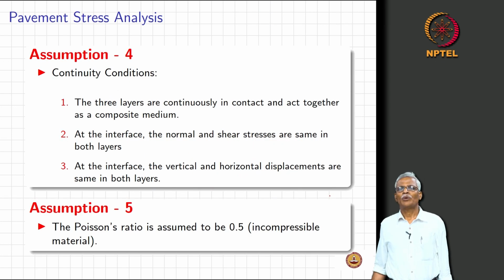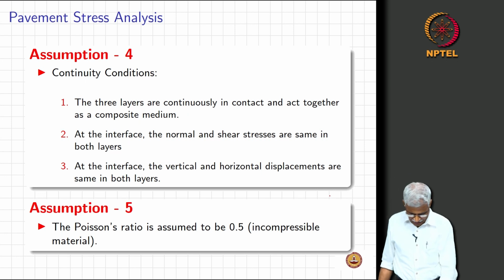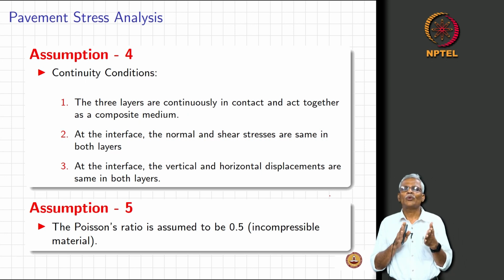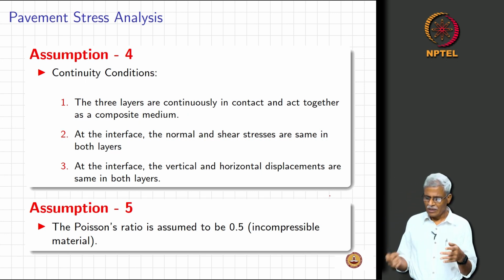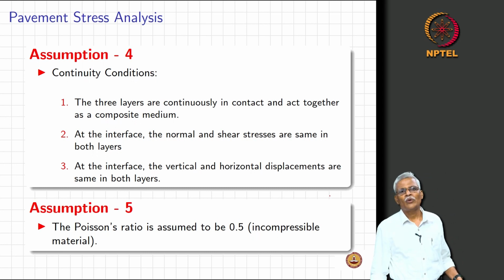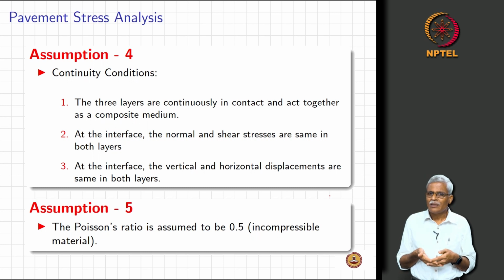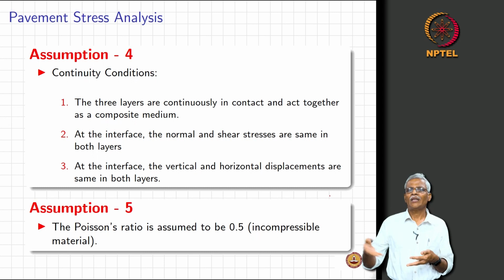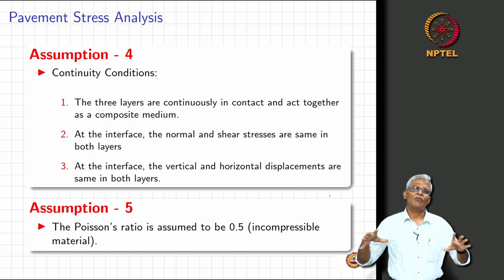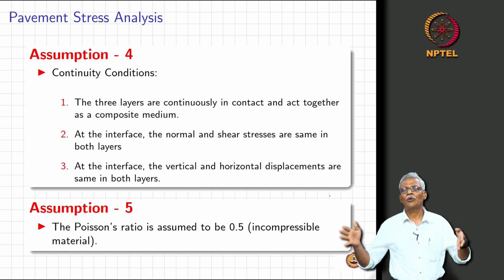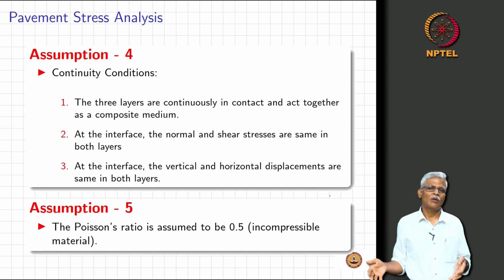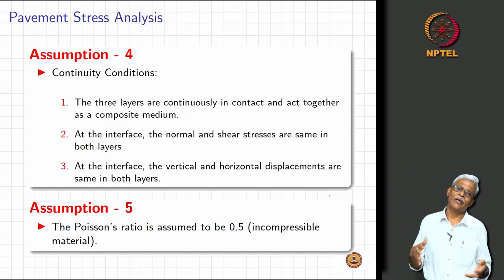Now comes the most important thing, and in fact you can even ask, so what really is going to happen between these two layers? If you are familiar with your pavement construction, what is it that you do? You have a subgrade, then you have a compacted subgrade, because your design code will say 10% CBR. So, you will make some layer of what you call 100% Proctor compacted earth having a required CBR.